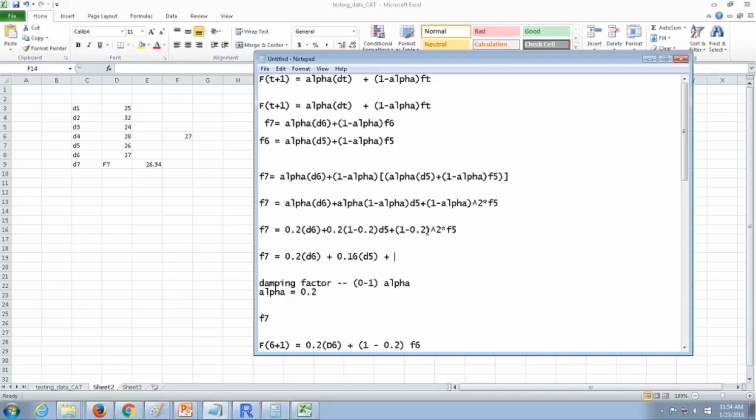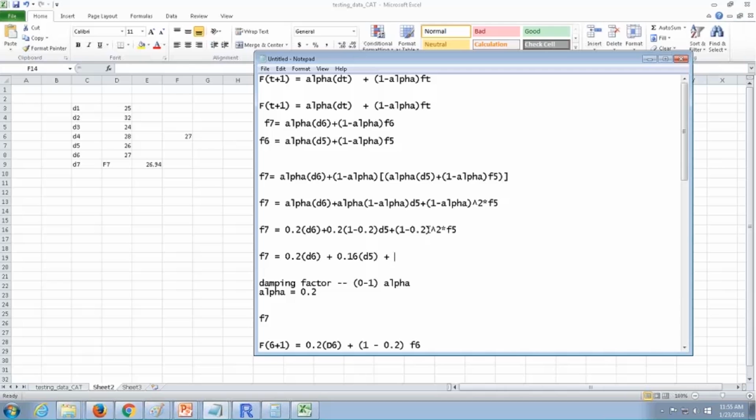Just a moment, I'll look at this again. Okay, I'm sorry. This would actually be alpha into 1 minus alpha the whole squared into D4. So alpha D6 plus alpha into 1 minus alpha D5 plus alpha into 1 minus alpha the whole squared D4, right? Here also again an alpha comes. If I'm substituting the F5 value, again there would be an alpha included here.